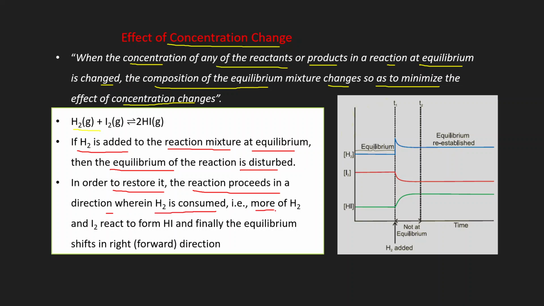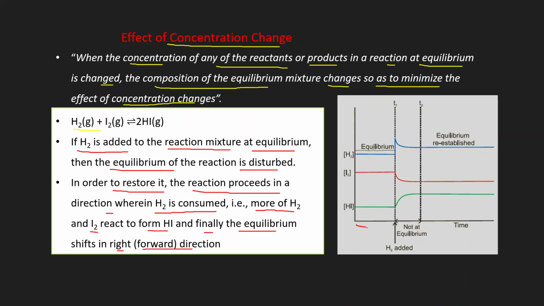That is, more of H2 and I2 react to form HI, and finally the equilibrium shifts to the right, that is, in the forward direction. Simply, we added one of the reactants. That's why the reaction will go to decrease the concentration of reactant, and that's why this will go in the forward direction.